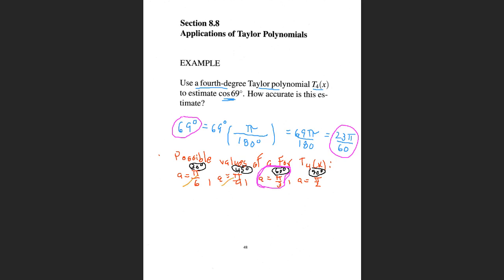And WebAssign would require you to pick the value of A that's closest to the angle you're interested in. So before you compute your Taylor polynomial, make sure you're choosing the best value of A. 60 degrees is closest to 69 degrees, so A equals pi over 3.